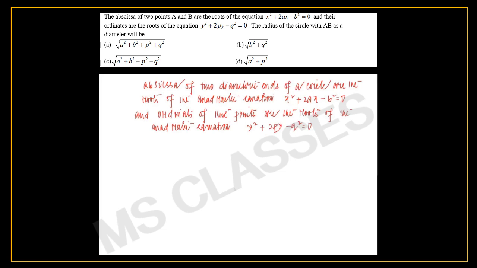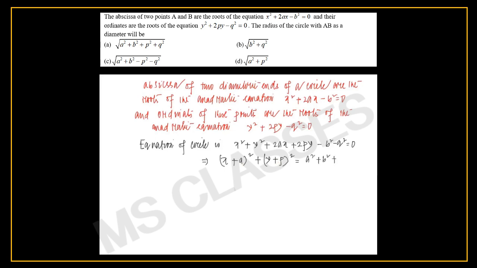Now, the equation of the circle we can write by using the shortcut technique. That is, the equation of the circle is x square plus y square plus twice ax plus twice py minus b square minus q square equal to 0. Now, since we have to find the radius here, we try to bring it in the proper format. x plus a whole square plus y plus p whole square equal to, we have taken a square and p square extra, so we'll return that.